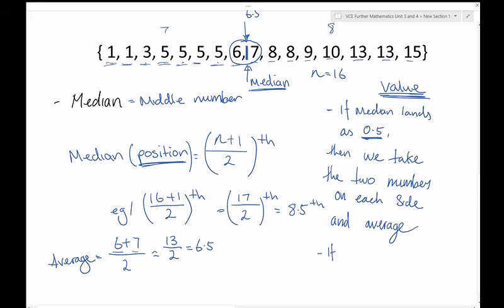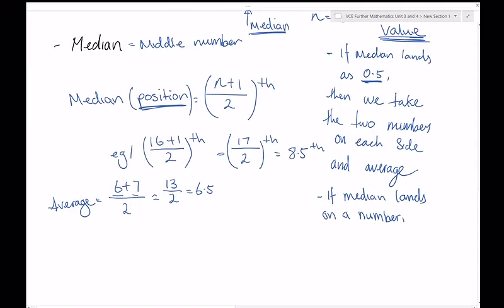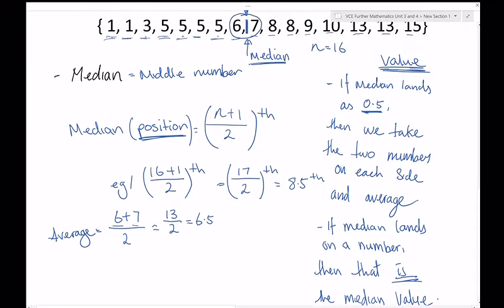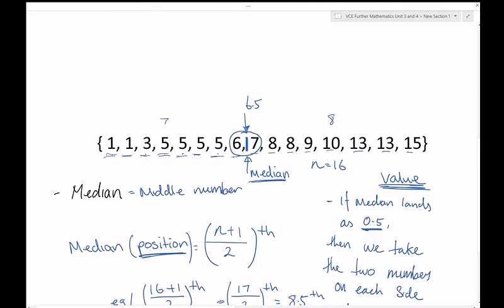Now, if the median lands on a number, then that number is the median value, okay? So let's say that we scrap 15 and that's not a part of the data set.